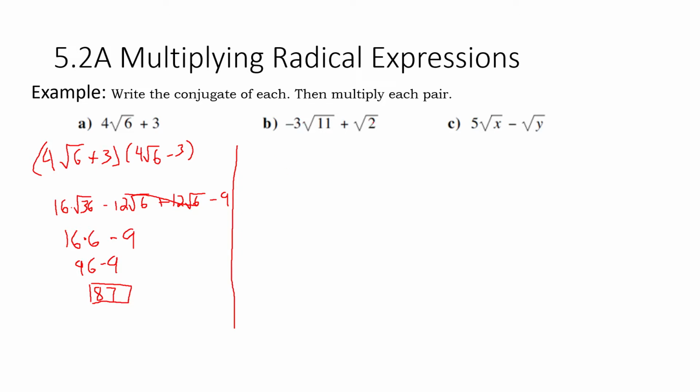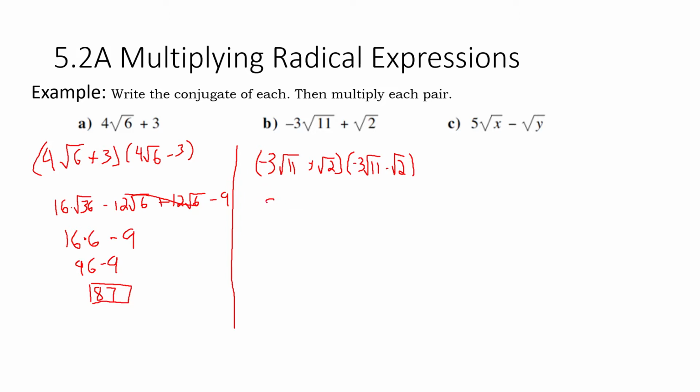So the conjugate of the next one, you're going to subtract. Negative 3 root 11 plus root 2 multiplied by negative 3 root 11 minus root 2. Distribute.